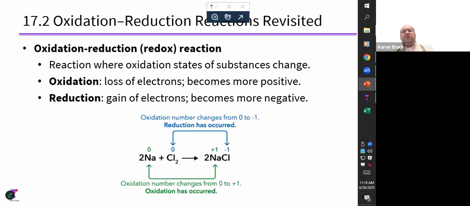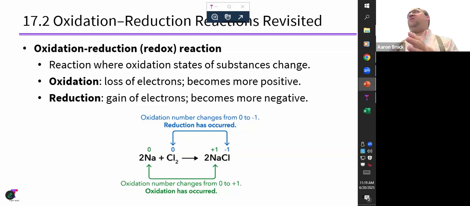Okay, so let's come back then to redox reactions. With redox reactions, what we saw is circumstances where the oxidation states are changing as we go from reactant to product. And there are two processes that take place here simultaneously. Oxidation, the process of losing electrons.